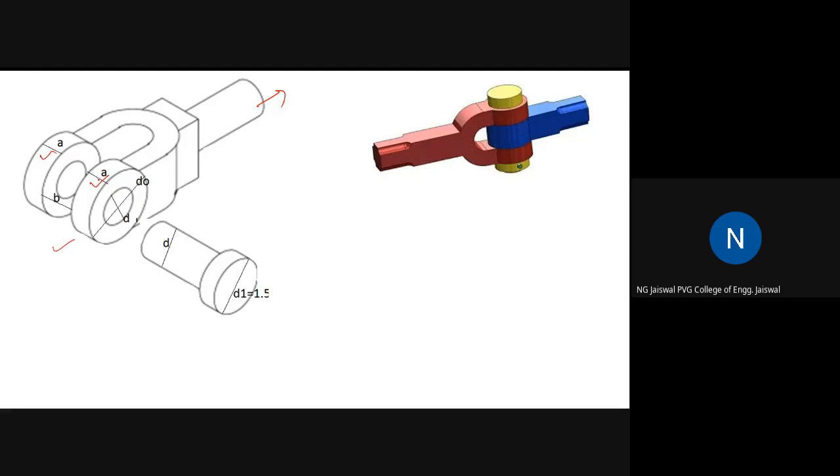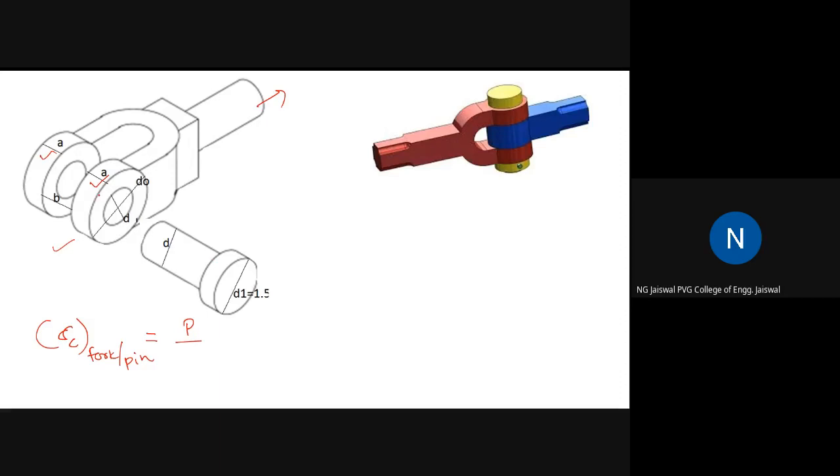Again, they are under crush, and therefore, very simple. If you understand the previous equation, you can understand this equation also. It will be sigma C of what? Sigma C of a fork or pin. Both you can write. Actually, you will take, depends on which one is weaker, is equal to force P divided by area under projection.